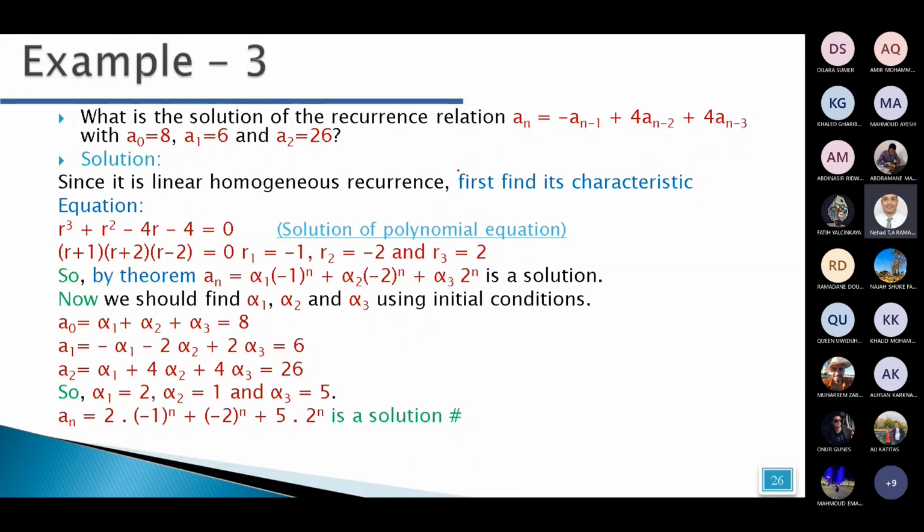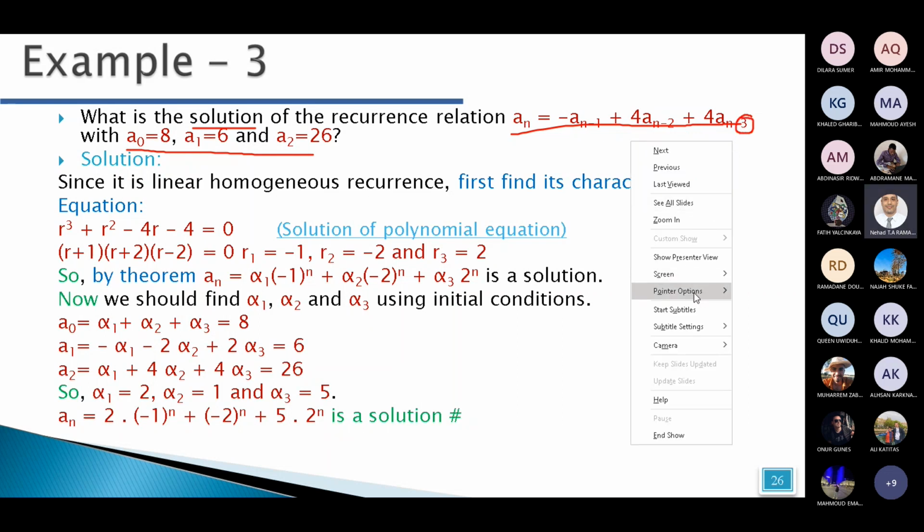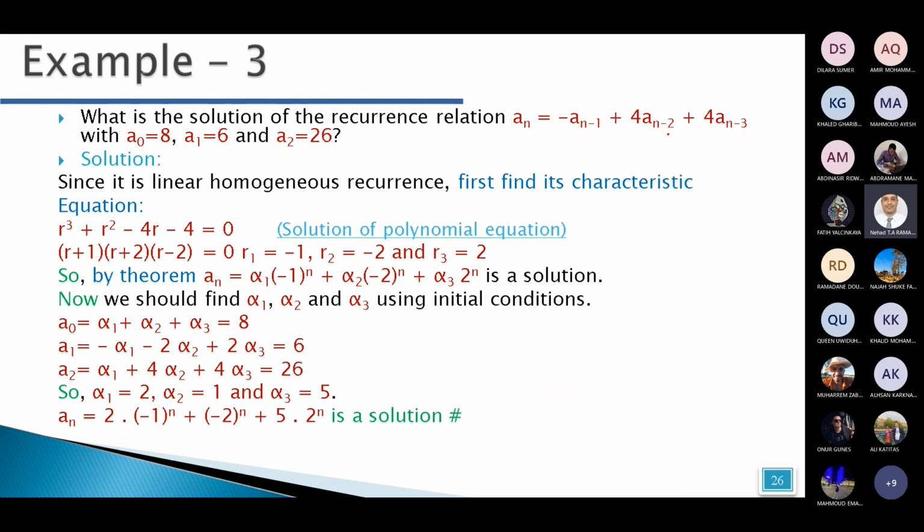Example 3, same idea. What's the solution for this recurrence relation? As you can see, we have here degree 3. This means we will have an equation with power 3, yes? So we will have a polynomial equation, because it depends on the degree here.